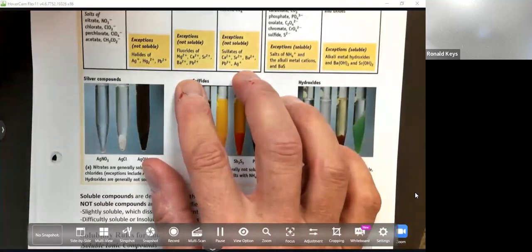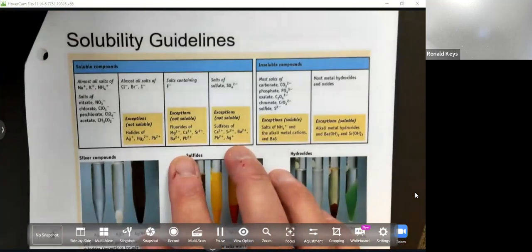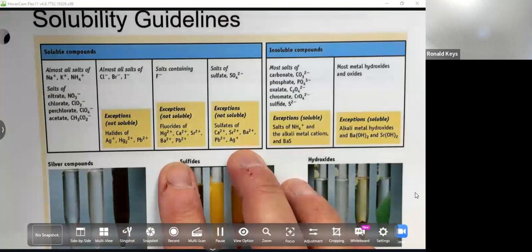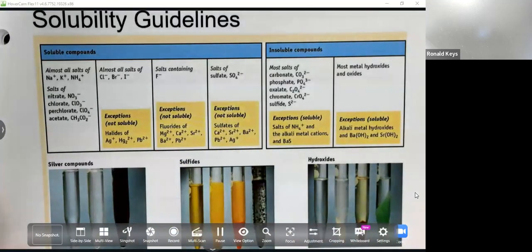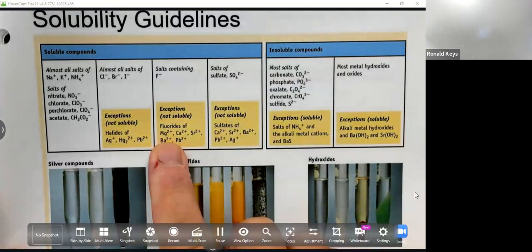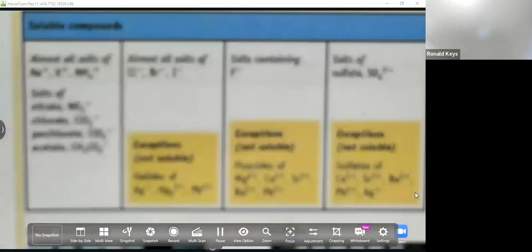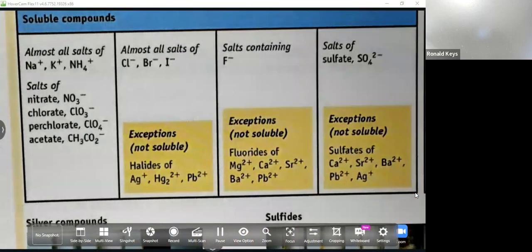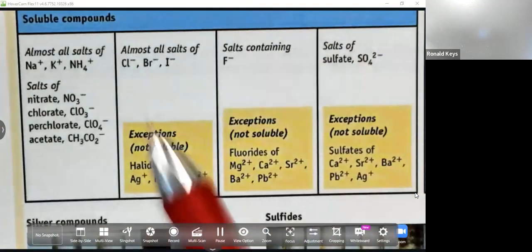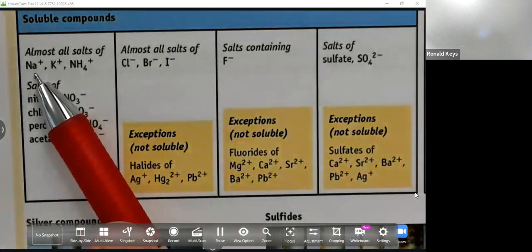Again, this is some more solubility rules. I don't remember if I grabbed this exact one from the book. I don't think so. But these are some we're not going to look up. We're going to know sodium.